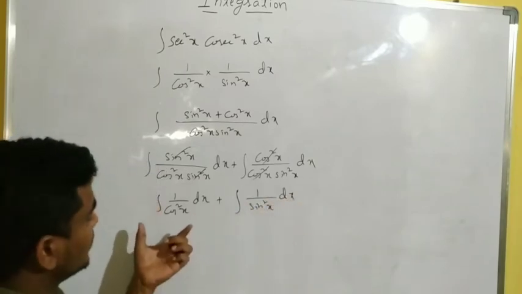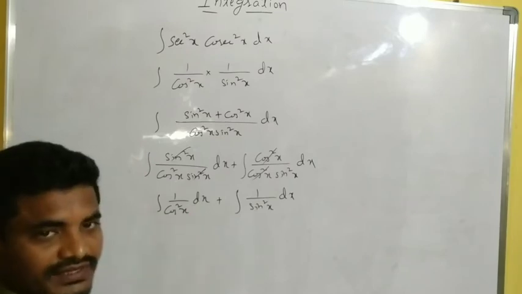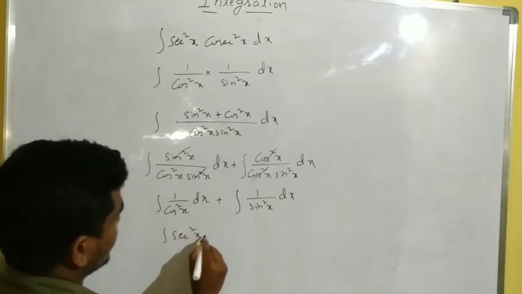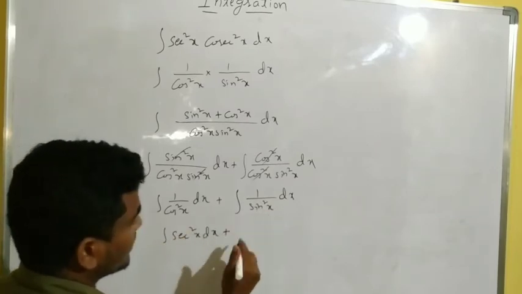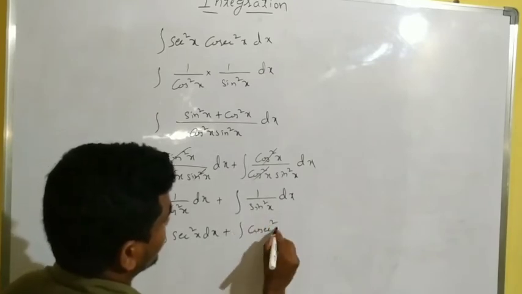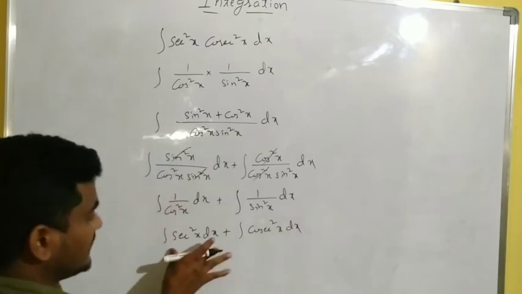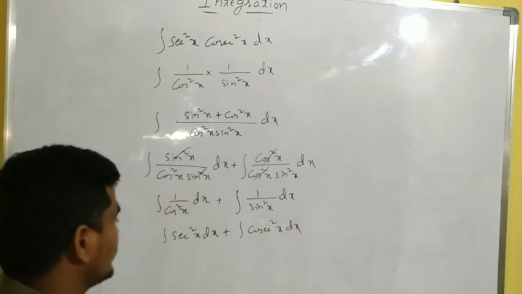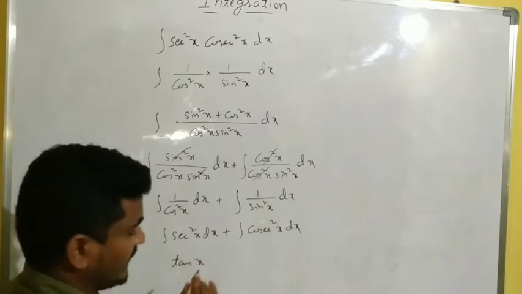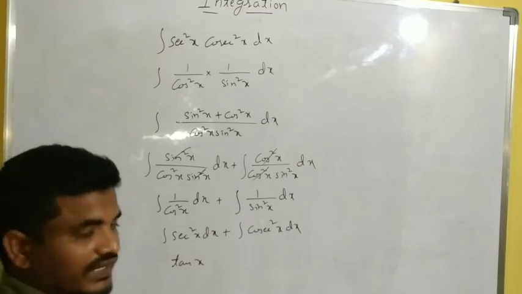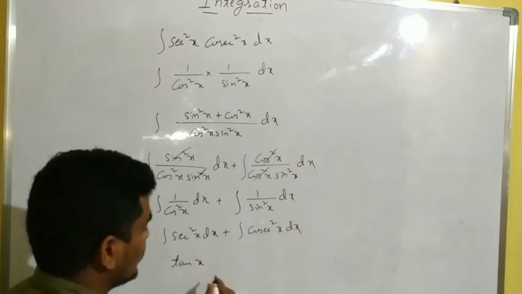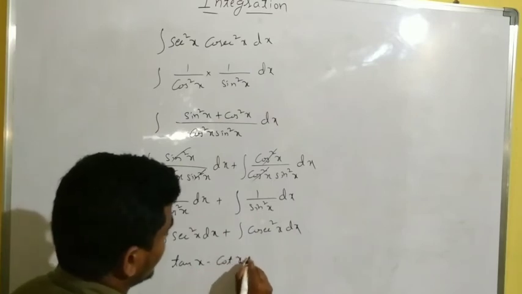We know 1 by cos square x is secant square x dx plus cosecant square x dx. Integration of secant square x dx equals tan x, and integration of cosec square x dx is minus cot x plus c.